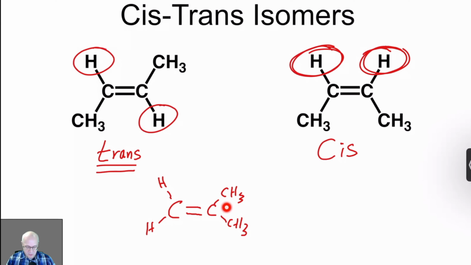So this particular olefin does not have cis and trans, just doesn't have it. In order to have cis and trans stereochemistry, you have to have one hydrogen on each carbon of the double bond. If you have more than one hydrogen on one of the carbons of the double bond, you cannot have cis and trans. That's just how it works.